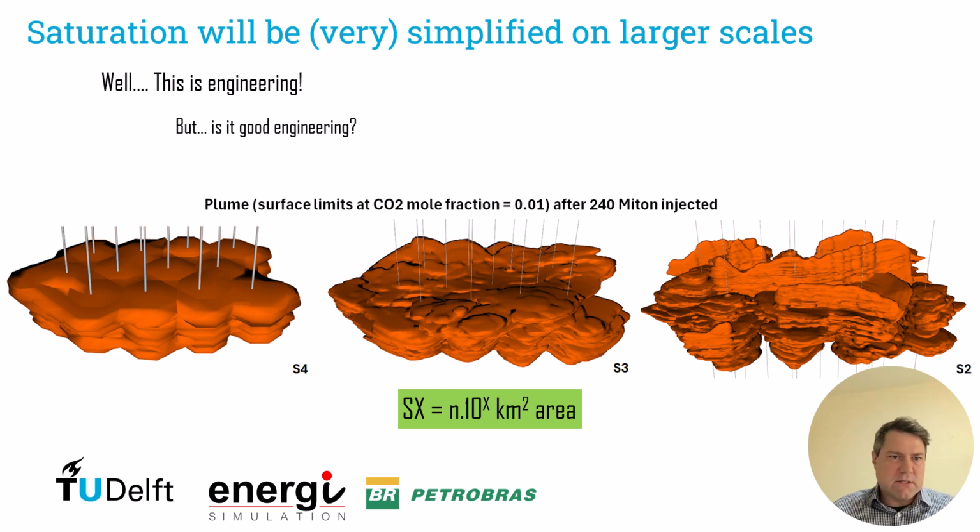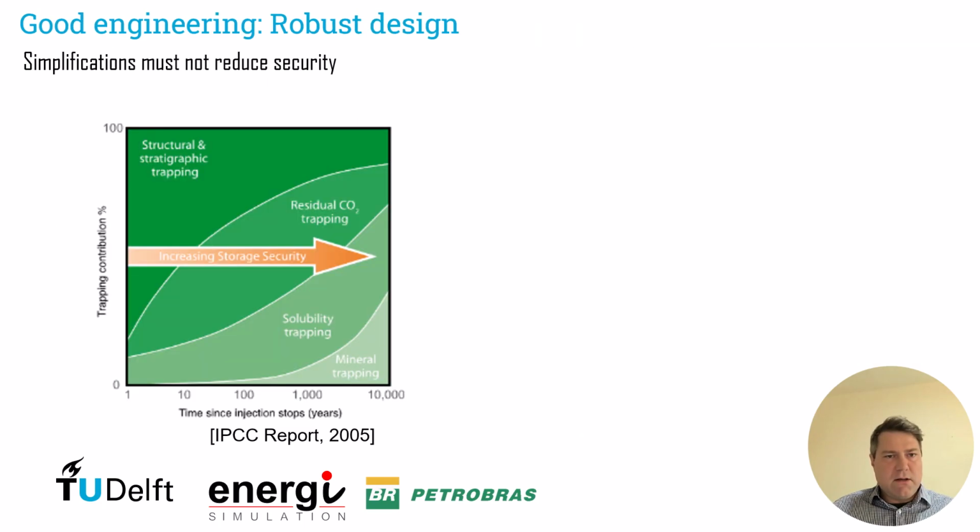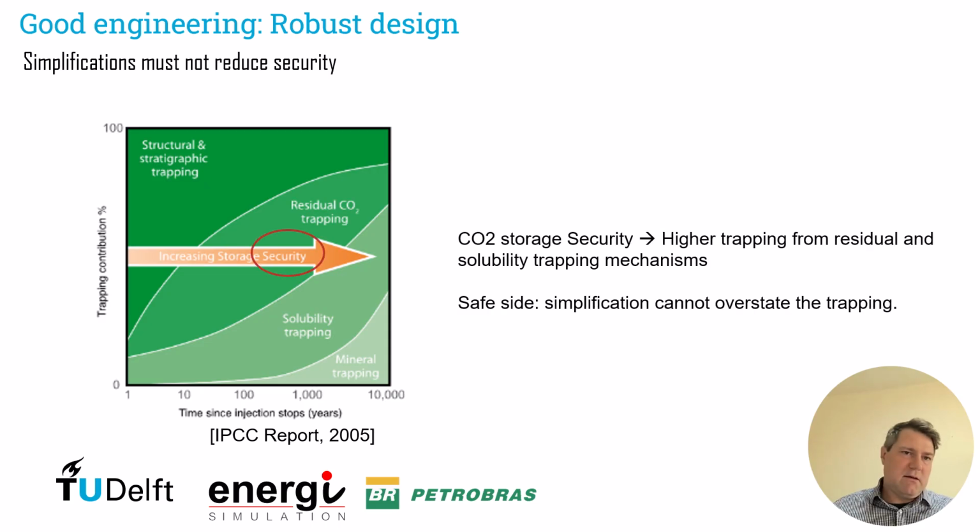Well, this is normal engineering. We must have simplifications in order to go forward. But the point here is whether this is good engineering or not. A basic principle of good engineering is robust design. So every time we simplify, we cannot reduce the security of our computations.